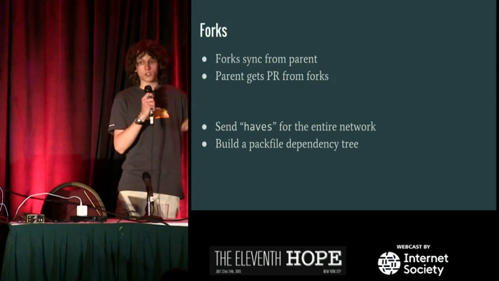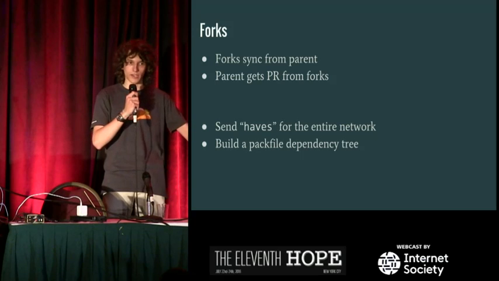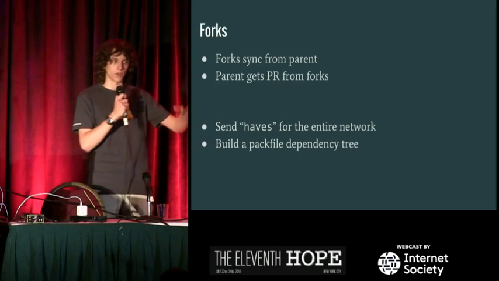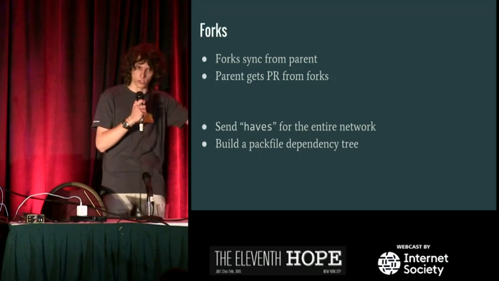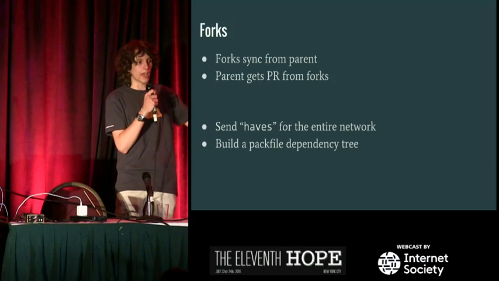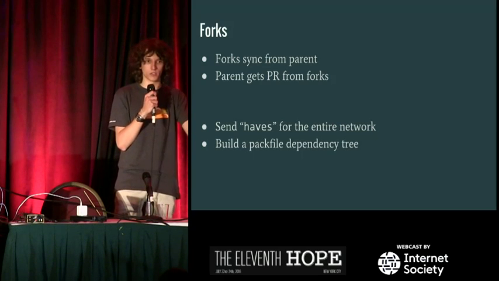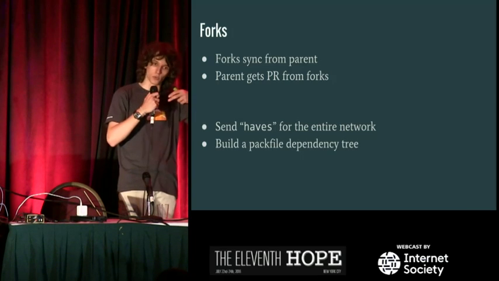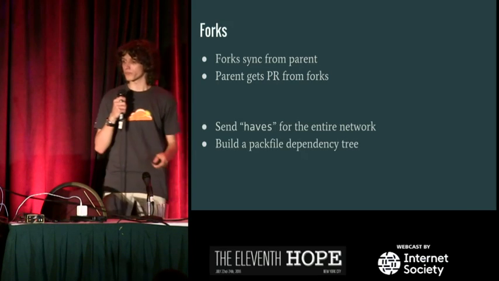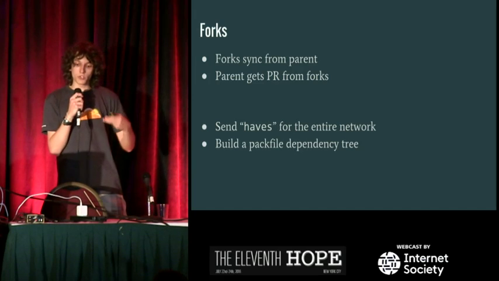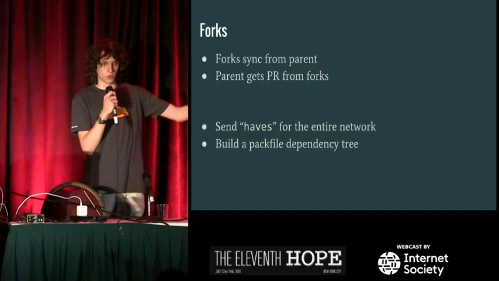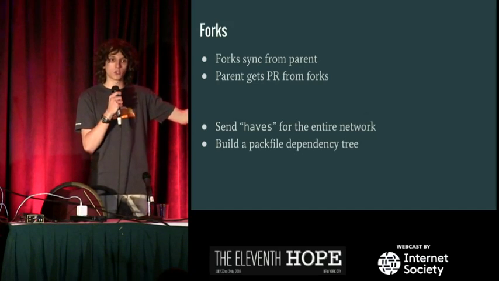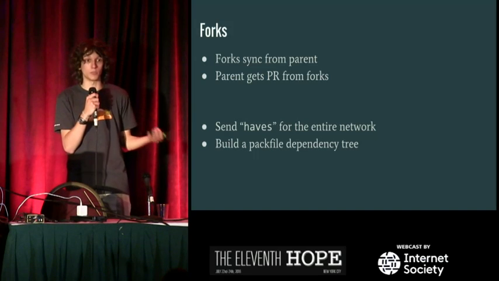They store the entire network, and I call a network the collection of a parent repo and all its forks, as a single actual Git repository, so that the graph is shared, which is what we wanted to do globally with Camel Store.